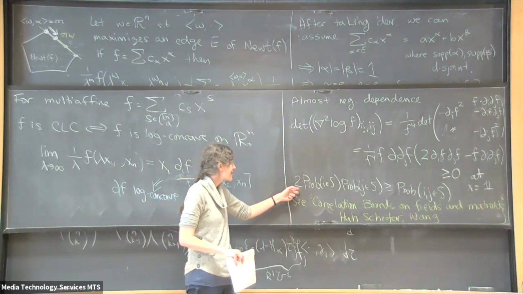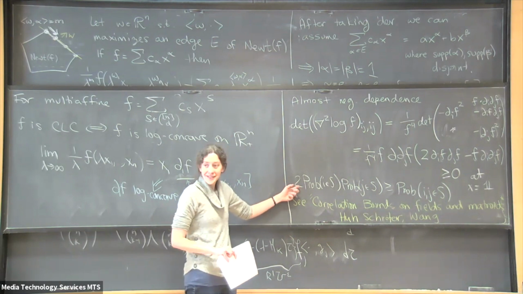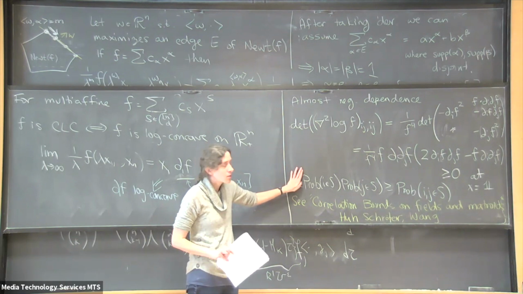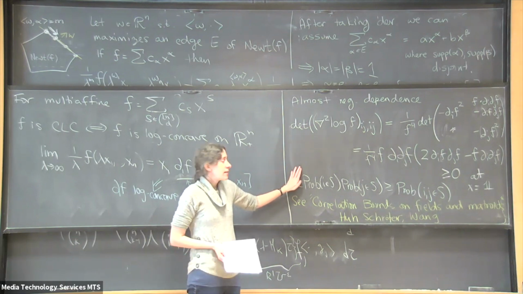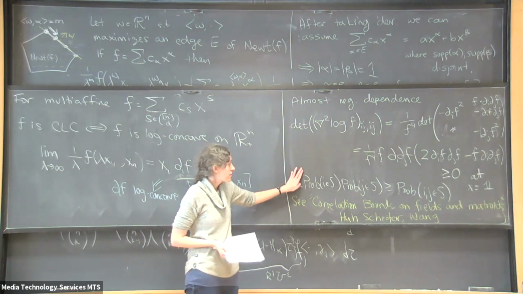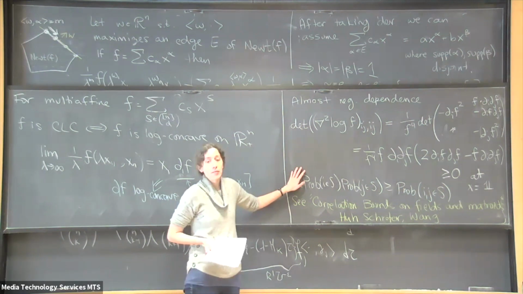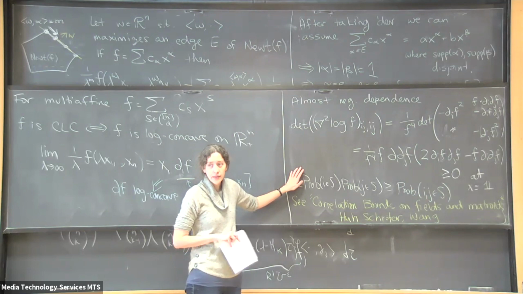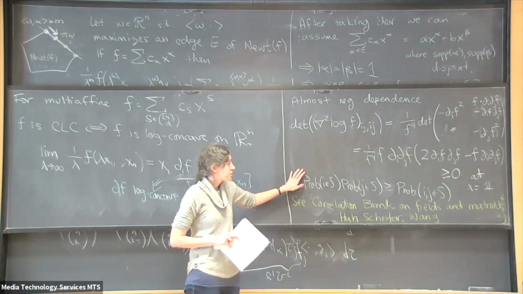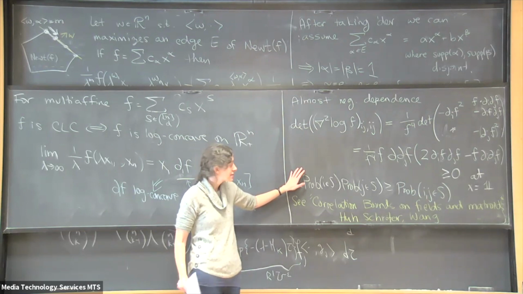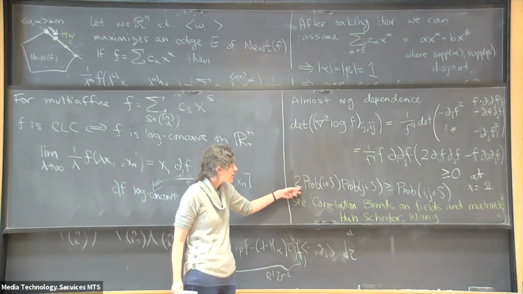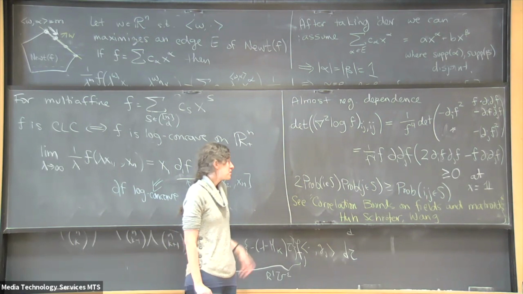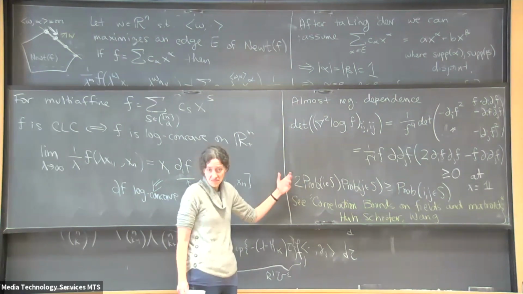And it's somewhere between 1 and 2, because they show that this inequality does not hold for all matroids. There are some fairly natural examples for which this fails, like truncated graphic matroids. But this bound is true for all matroids, and so the question is, can one do better?